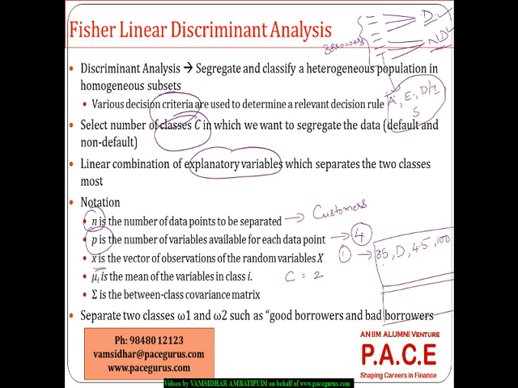So I'm trying to find out the mean of age, the mean of debt. That is what I'm calling as mu i. And between the classes, whatever is the covariance that is existing, let's say that is what I'm calling as the sigma. Here my objective is to separate the two classes, omega 1 and omega 2. Probably I'm calling omega 1 as good borrowers and omega 2 as bad borrowers.